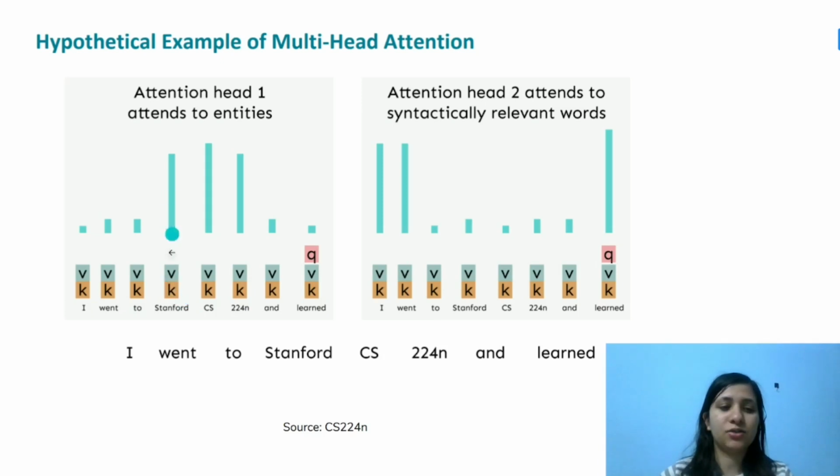However, the words Stanford, CS, and 224 have higher scores because this head is attending to entities, so it is computing the entity relationship, while this head is looking at syntax because the words I, went, and learned have similar syntactic relevance. So this has higher scores.